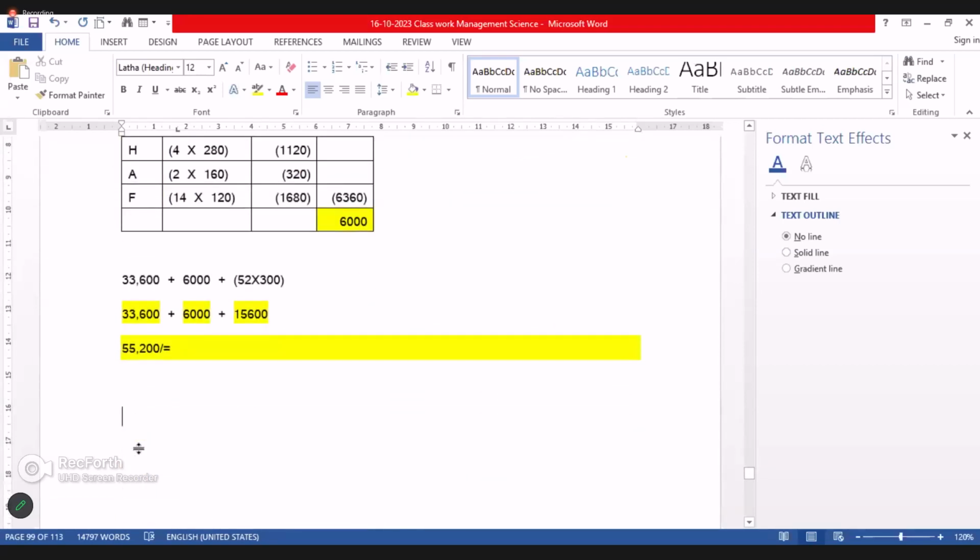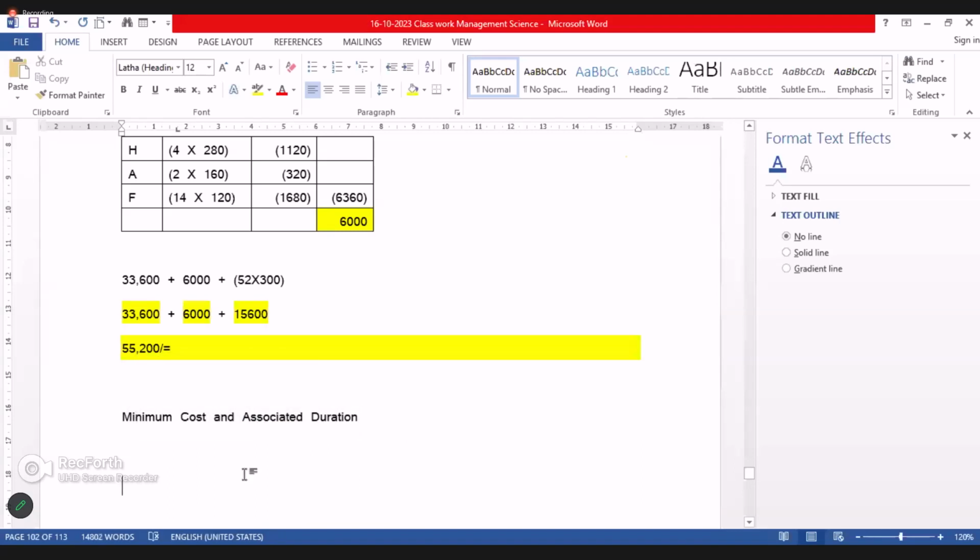Minimum cost, right? Minimum cost, associated durations.